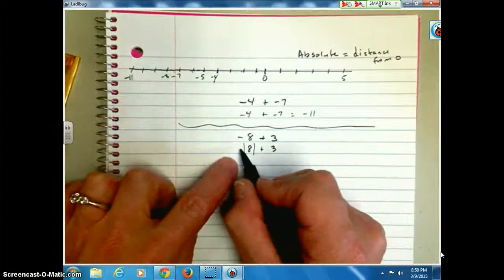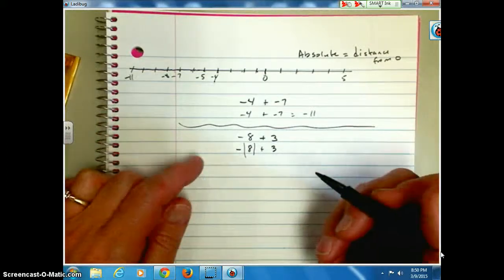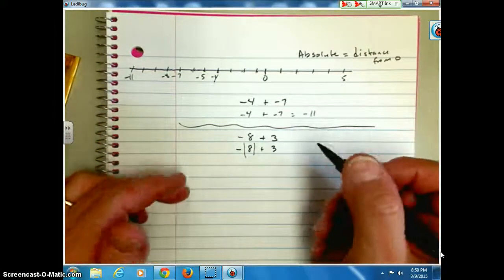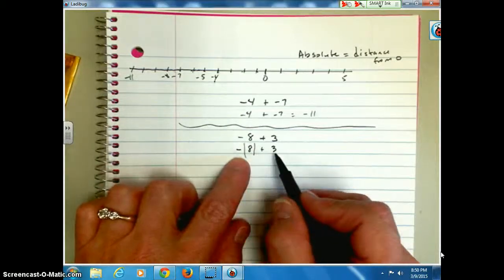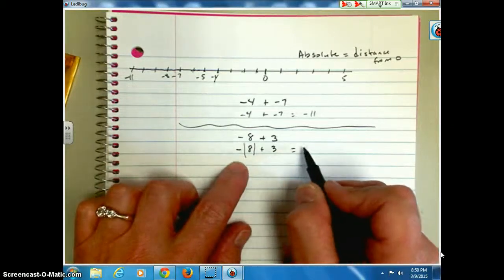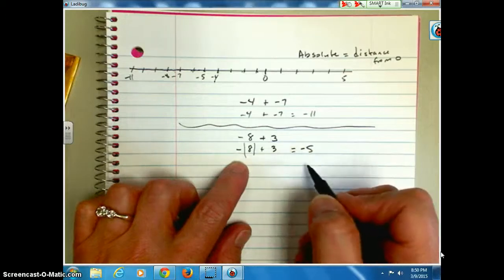But we have more negative than positive. So how many more negatives do we have than positives? Well, we have 5 more negatives than we do positives.